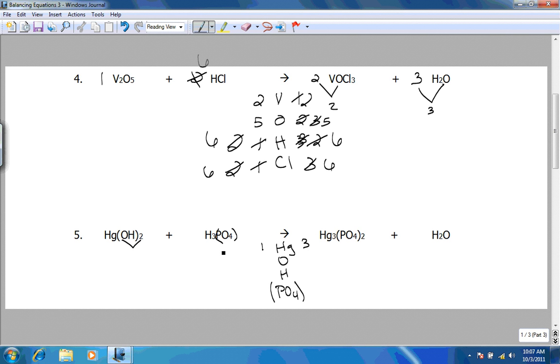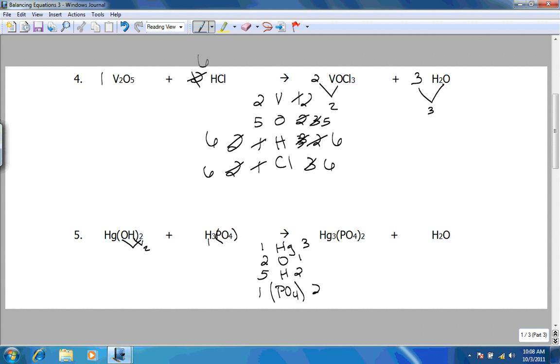I'm not going to count those because I have those in the phosphates. So that means I have 2 on the left. I'm not going to count these because they're in the phosphates, but I have 1 over there with the water. Hydrogens, I have 2 here, and I have 3 more there. So that means I have 5 hydrogens, and I have 2 hydrogens on the right. Phosphates, I have 1 and 2.